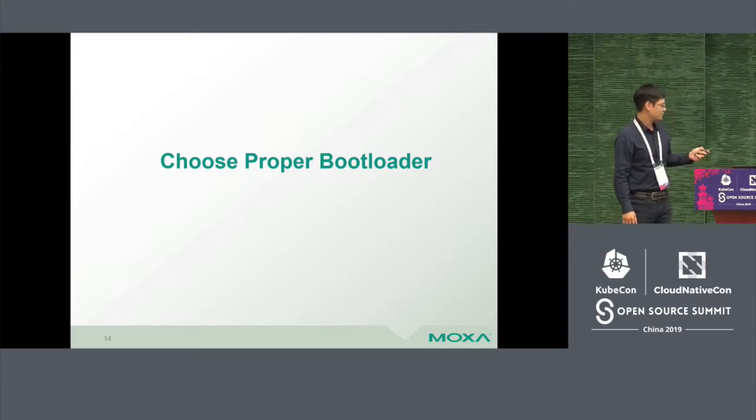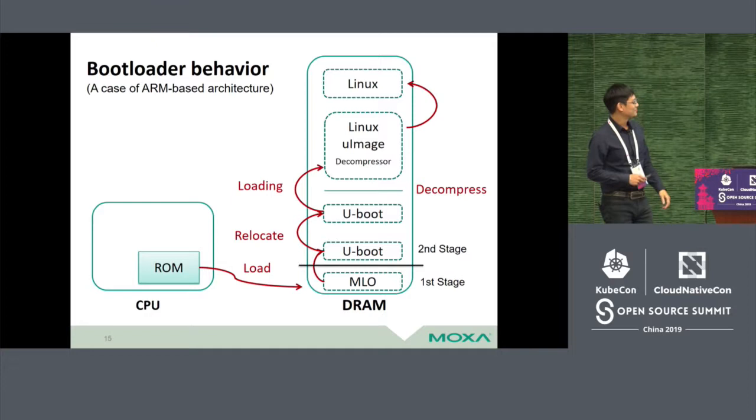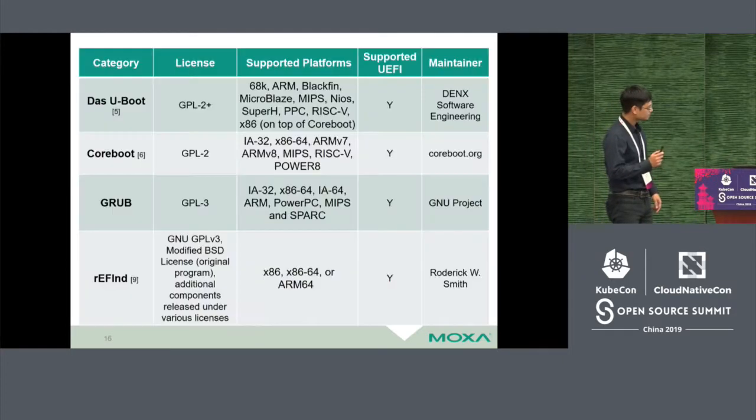First of all, we have to choose the proper bootloader. The bootloader initiates hardware and loads itself into DRAM, and then loads the second bootloader to initialize other components, and then loads the Linux kernel, which decompresses itself.